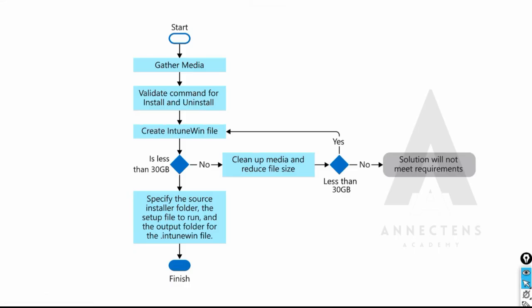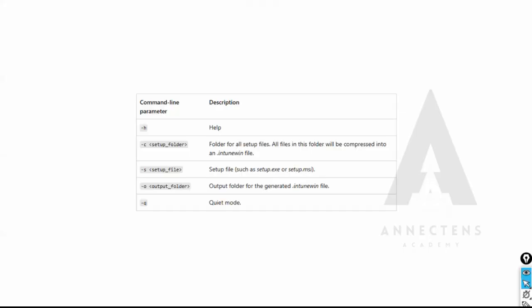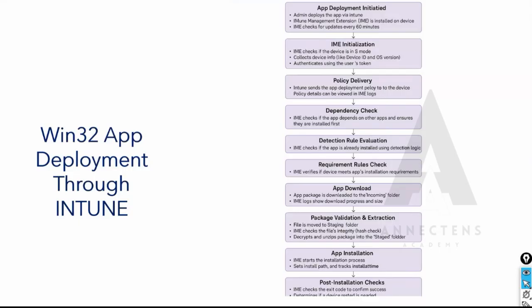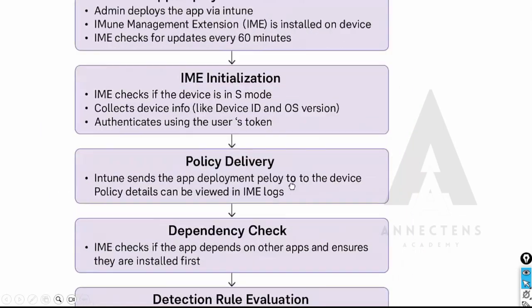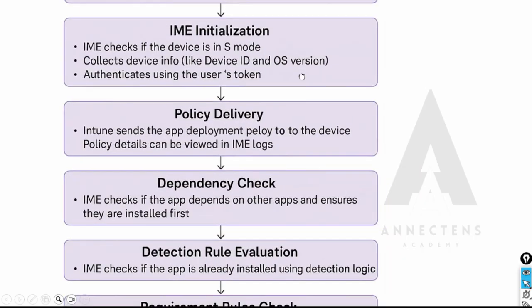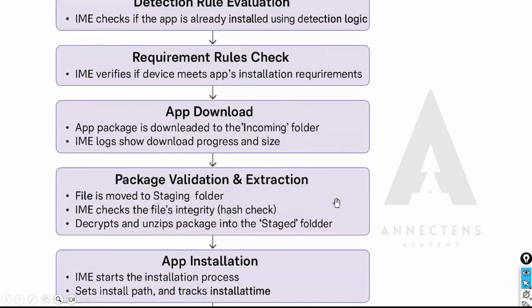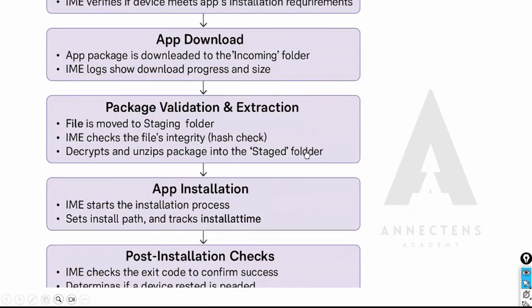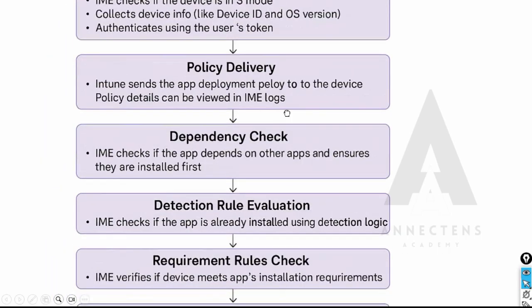If you go to this, I think this is where, yeah, here it is. So when you're doing the installation, 60 minutes is the time it takes to initialize and keep on checking, and then detection logic. There is one thing, where is it gone?